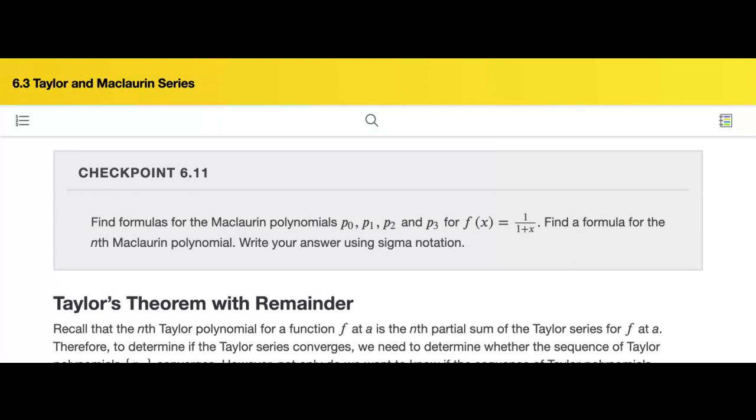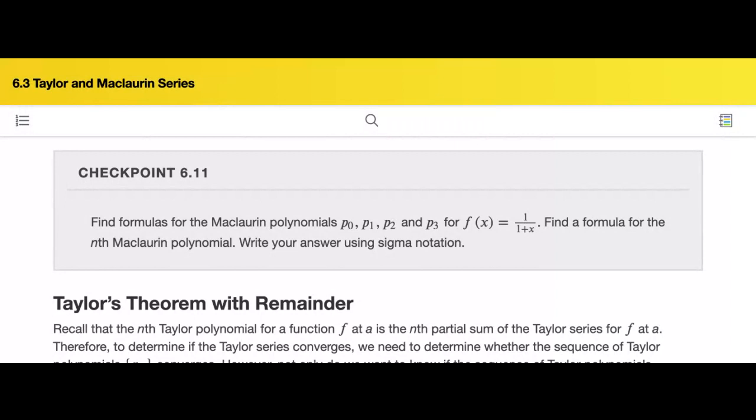Yes, it's an alternating series: 1 minus x plus x squared minus x cubed plus x raised to 4, and so on and so forth. You can also think about it from the point of view of a geometric representation.